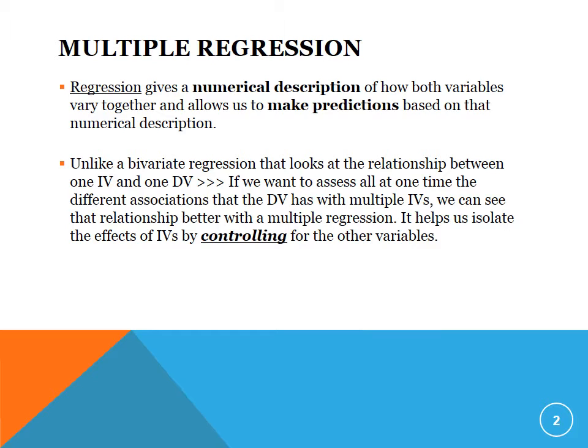And so this is what we're doing. We're factoring in all of these other variables that play a role in making this relationship what it is. And so one of the ways in which we isolate the effects of independent variables is by controlling for the other variables, the other factors in that relationship.